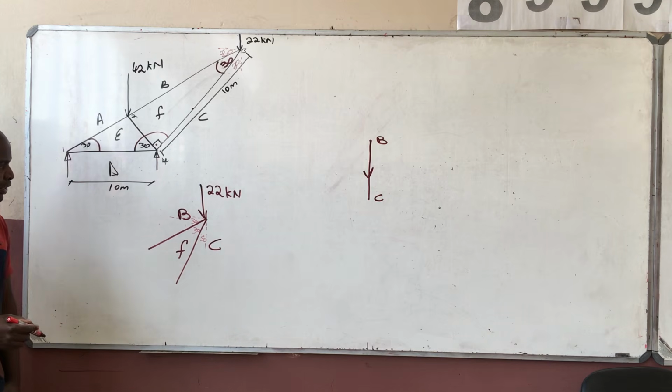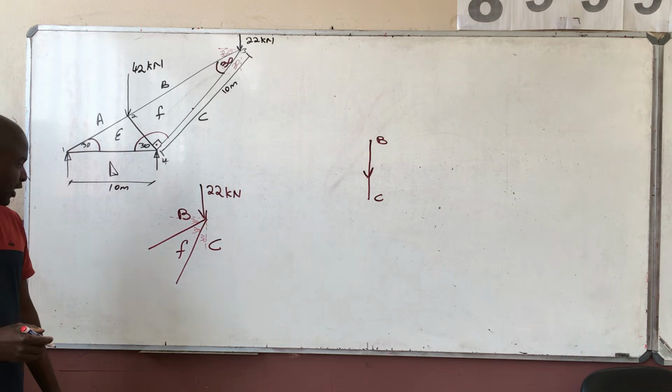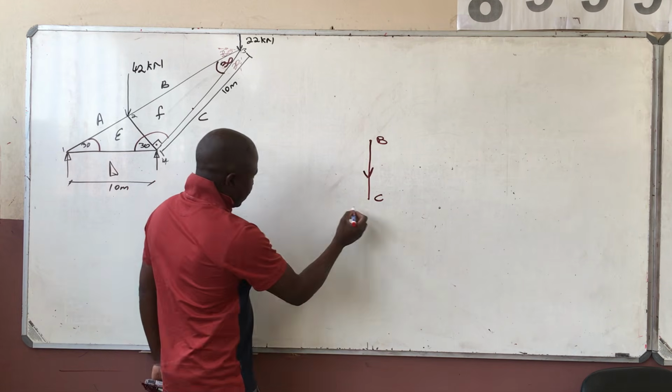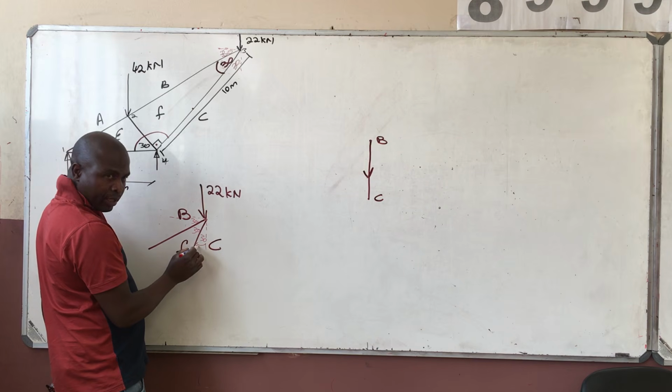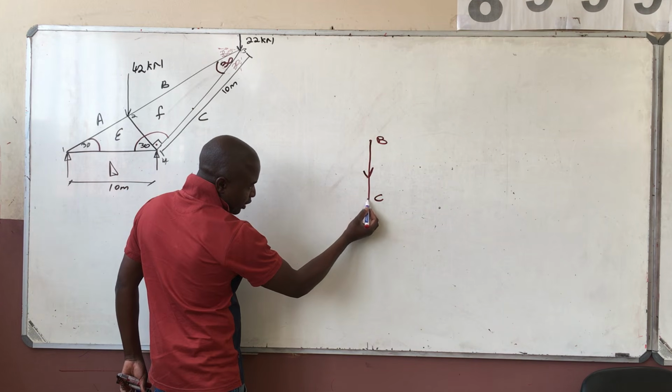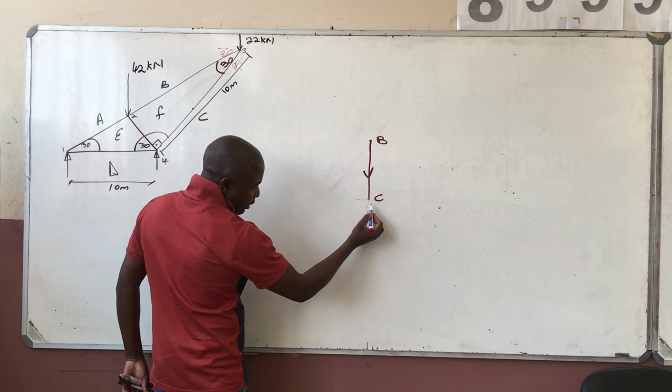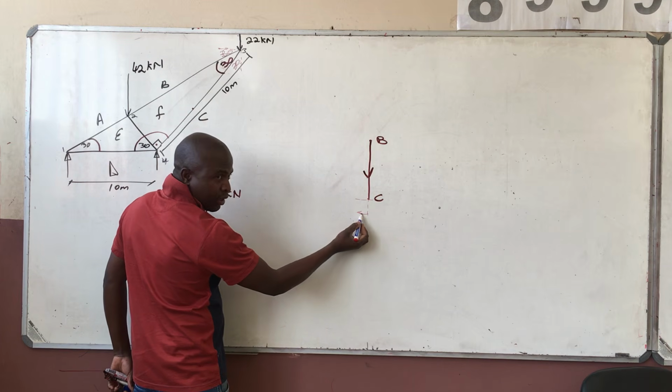After drawing BC, which one do we draw now? CF. At what angle? Angle 30 to the horizontal or to the vertical? To the vertical? Yes. So this one is 30 degrees from there to there. Even here at this point, we need a small Cartesian plane measuring 30 from there to there.